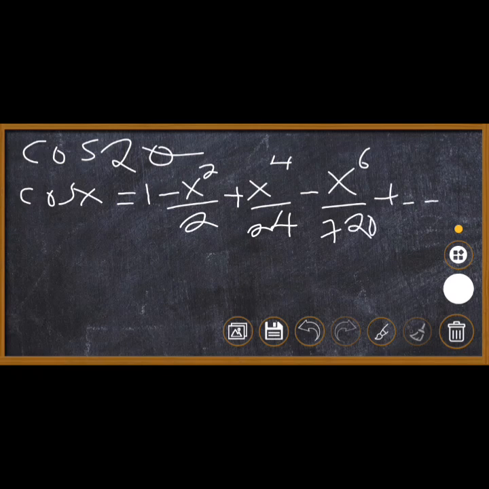So this was our cos of x. Now, when we replace where there is x with 2 theta, what are we going to have?